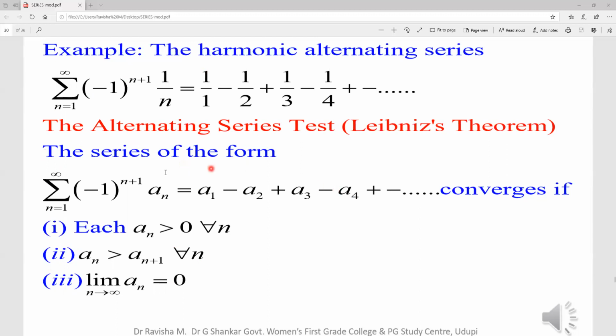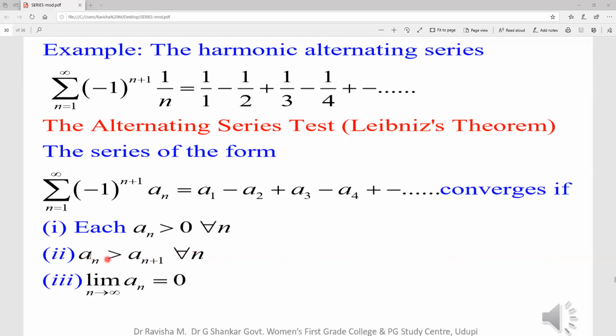This alternating series converges if a_n must be positive for all n. Already I told you that a_n is always positive, only the sign changes in this series. The second condition is a_n minus a_(n+1) is always positive for all n.